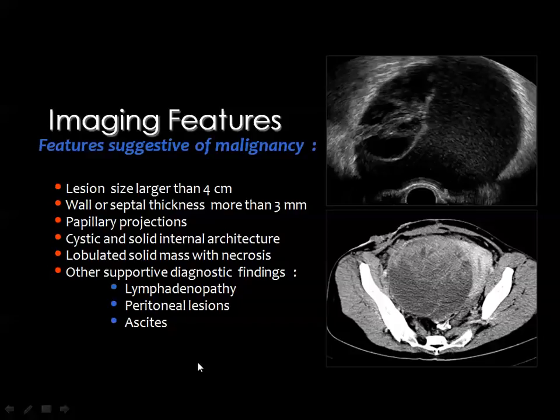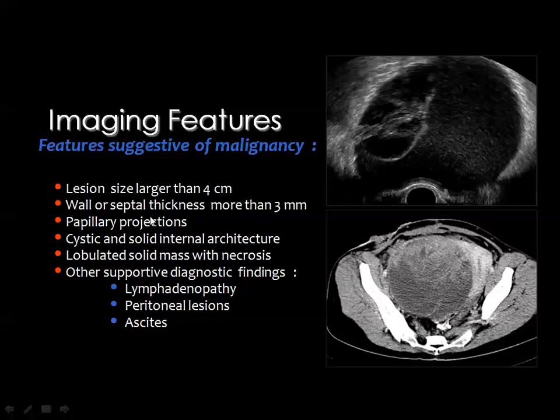Then the carcinomas are usually suspected whenever you see a tumor that is larger than 4 centimeters in diameter, and this is not an issue because most of the ovarian masses are large.